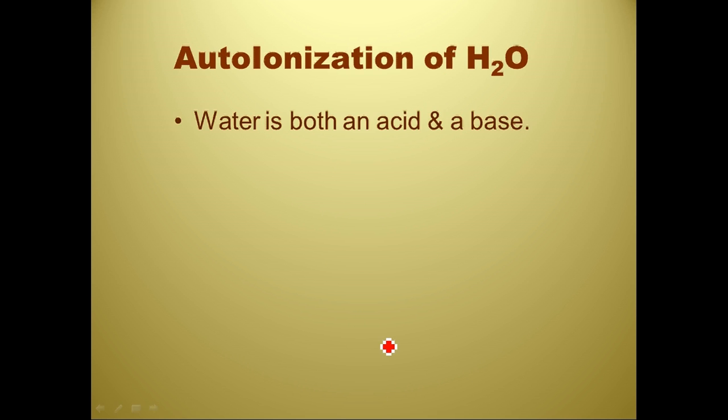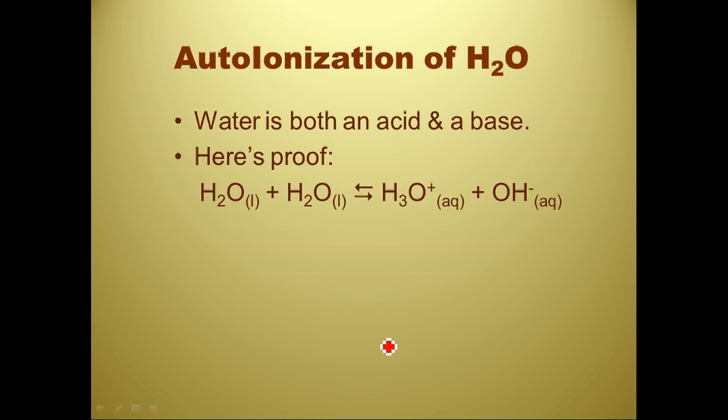Now, something interesting goes on. Since water is both an acid and a base, here's an interesting proof of what's going on. Water plus water is going to readily react, since water is a weak acid, it's not strong, and it's also a weak base, because we didn't tell you to memorize that it was a strong base.